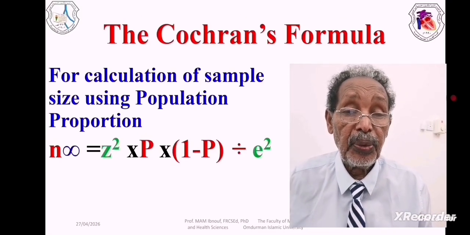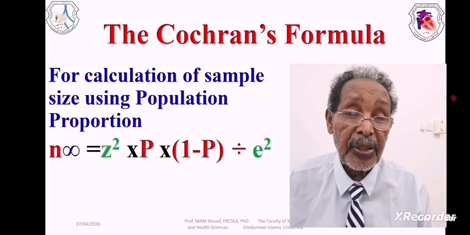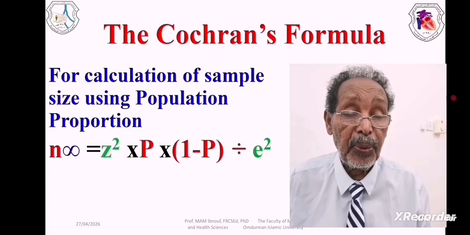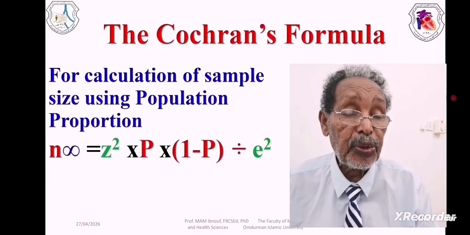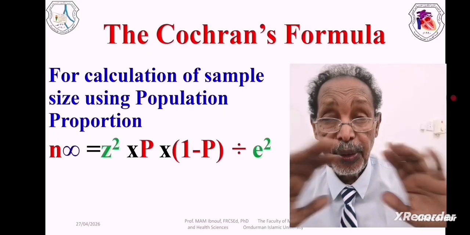The Cochrane's formula for calculation of sample size using population proportion is used for the infinite population, for a very huge population.